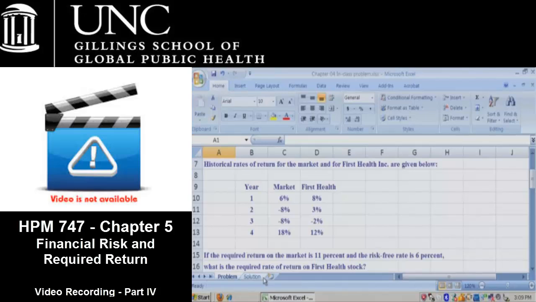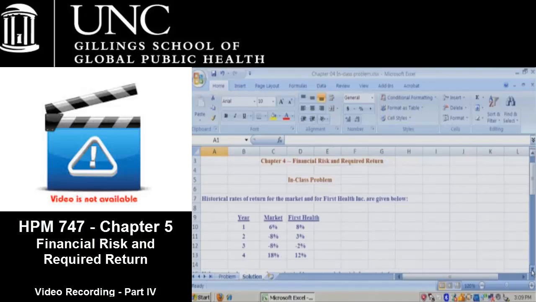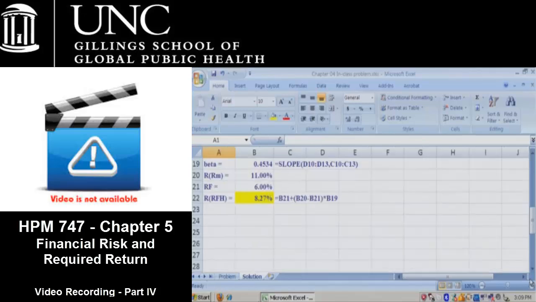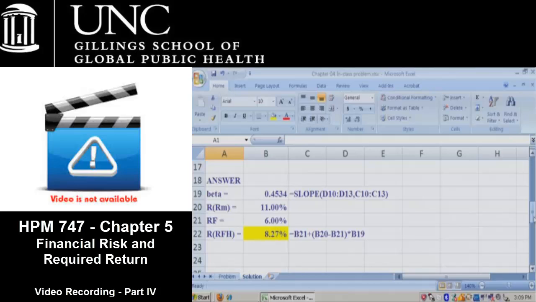You calculate the beta by doing the slope formula of the stock compared to the market, and you multiply that by the market risk premium, which is 11% minus 6%, and then add that back to the risk-free percent.